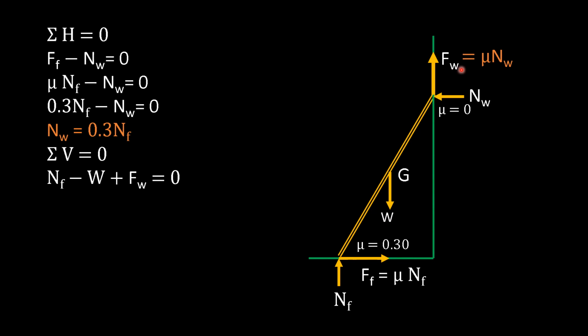We have FW equals mu NW, but since mu equals 0, 0 multiplied by NW becomes 0. So we have FW equals 0.